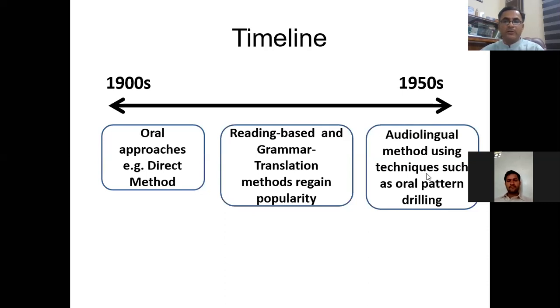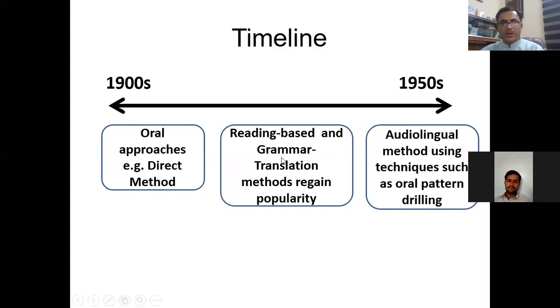The audio-lingual method was also a kind of oral approach, which later on led to the development of the direct method. After the grammar translation method, which had popularity, its problems were finally exposed to the world. There was great resistance that it was not achieving the desired goals. Hence, there was a beginning of some more practical, functional, and I should say natural, somewhat close to natural methods, and that was the direct method.